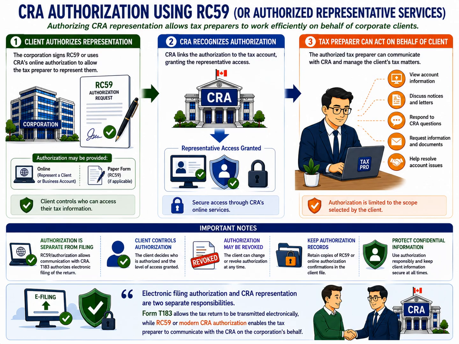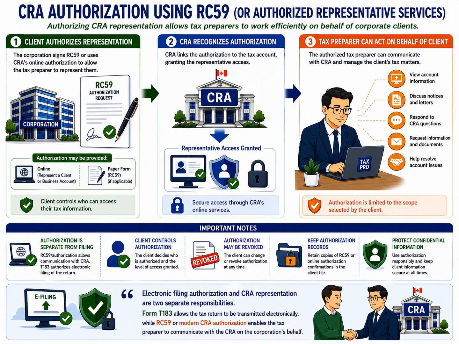Tax preparers should retain copies of authorization confirmations or related documentation in the client's permanent file. These records demonstrate that the representative has been properly authorized and provide evidence of compliance with CRA requirements. Perhaps the most important concept in this topic is understanding that electronic filing authorization and CRA representation are two separate responsibilities.